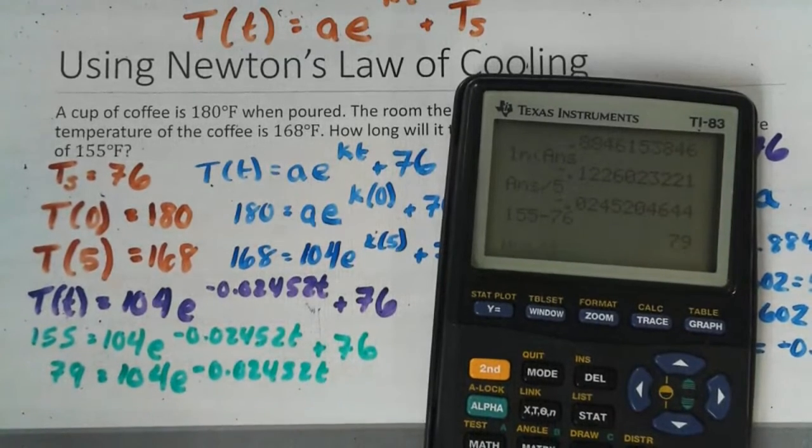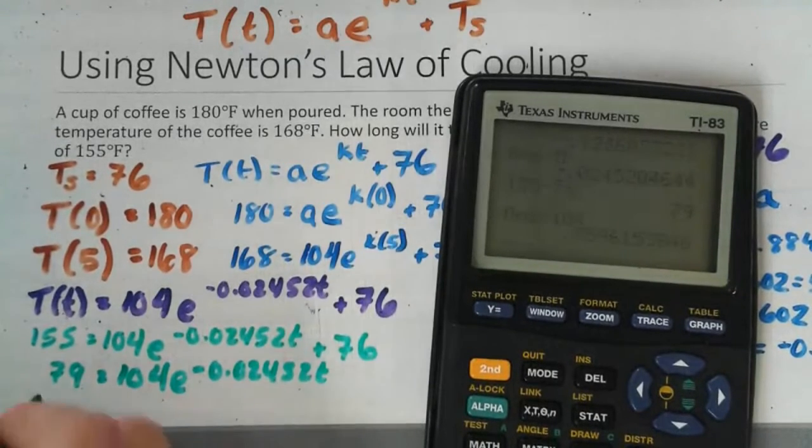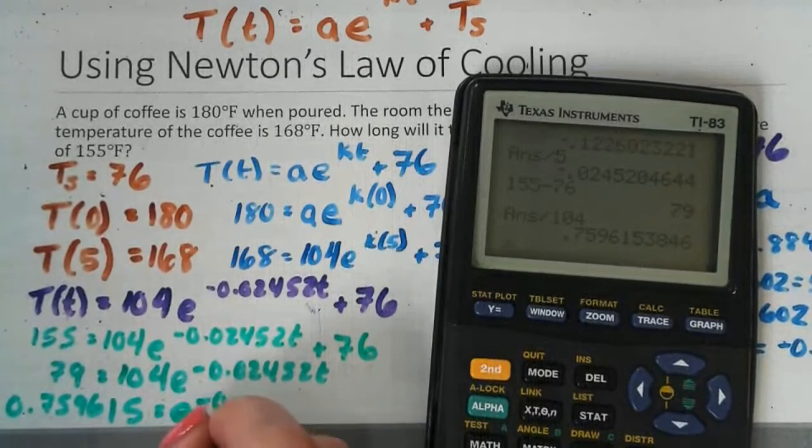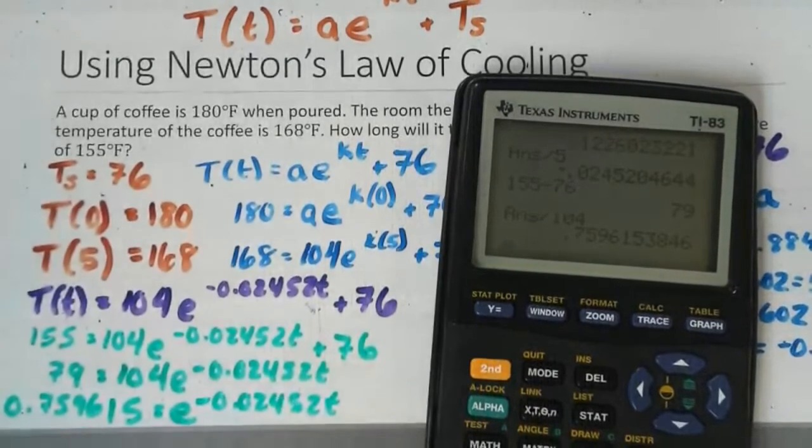I can divide both sides by 104. And we get 0.759615 is equal to e to the negative 0.02452 t power.